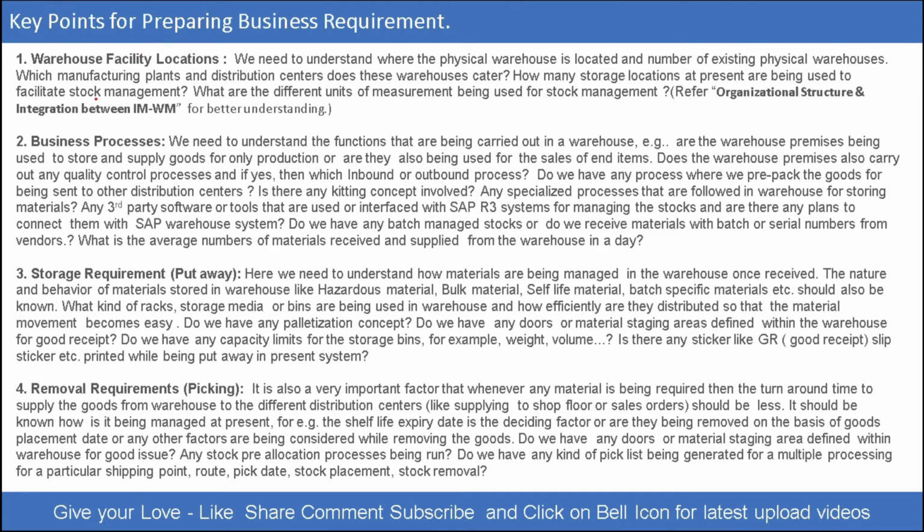Sorry, my mistake. Let's assume that on one pallet you have 100 boxes kept, and in one box you have 5 trays, and one tray holds 30 eggs. So 100 into 5 into 30. This is called palletization. Basically, this is called palletization.